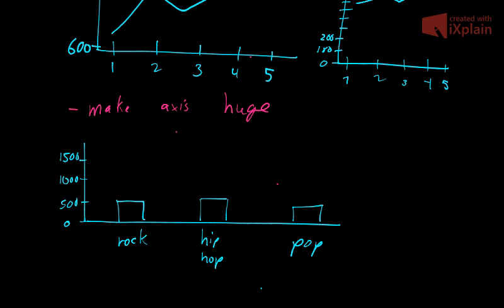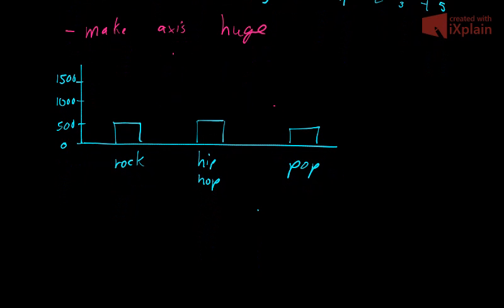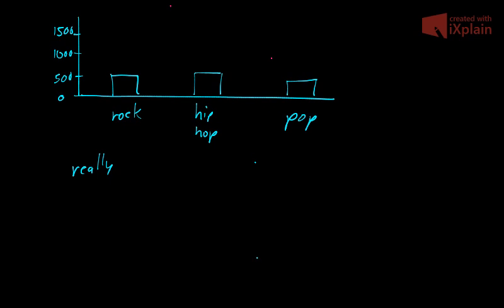And if you look at this, it looks like there's not much change, when really there would be quite a bit of change here if you just made the axes a little bit better. So if I only made this go up to, say, 700 and down to 0, I might be able to actually see which ones are preferred.